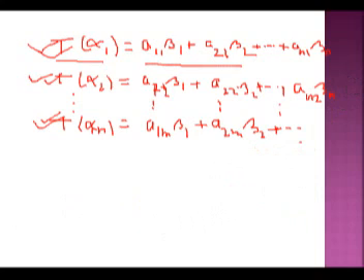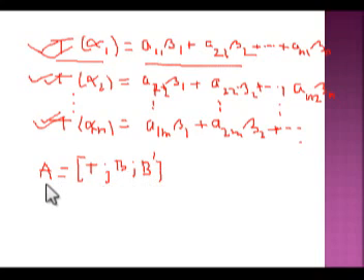So we write the matrix A. This matrix can also be represented in this way, as a matrix related with the basis B of the domain vector space and the basis B' of the range vector space. In this way the matrix related with the transformation is represented. Now this can be written down.